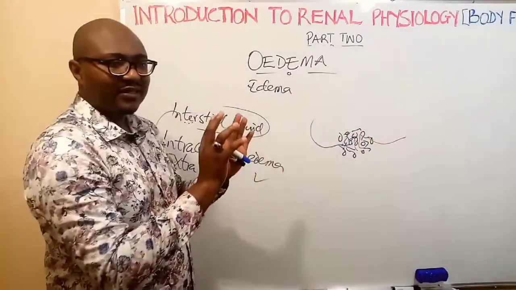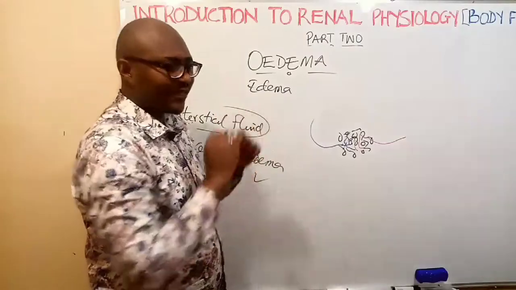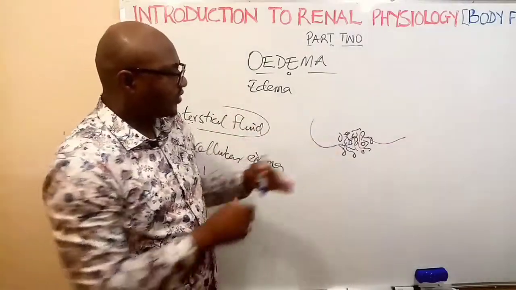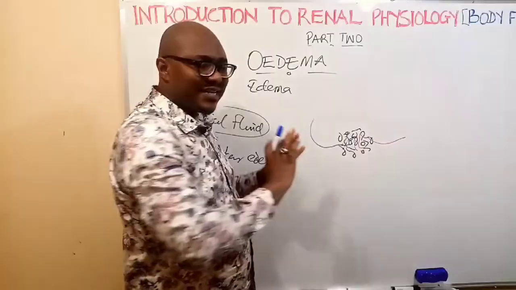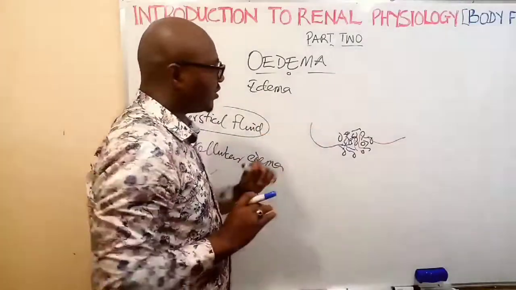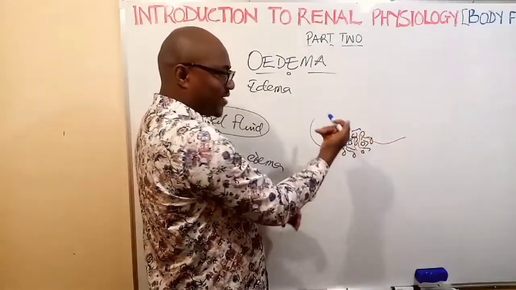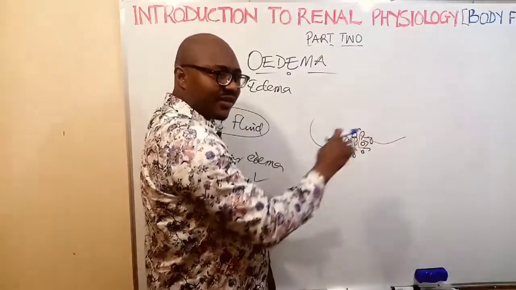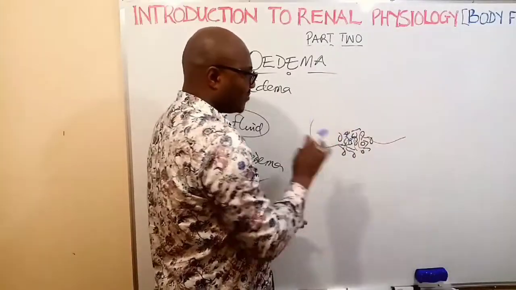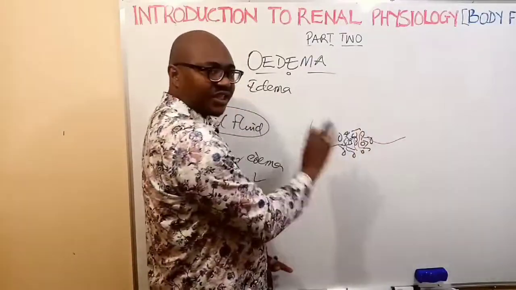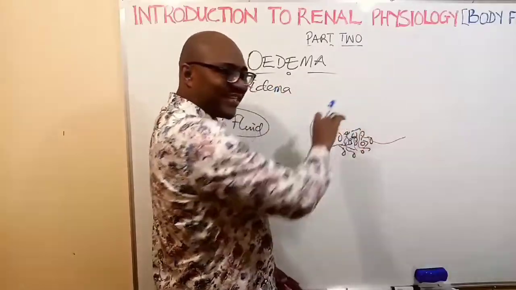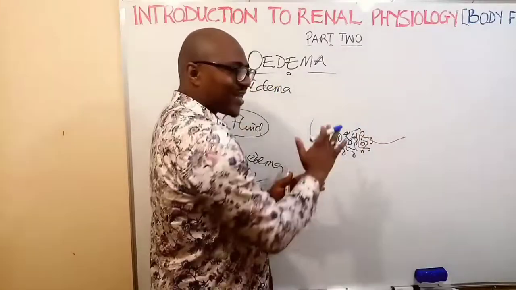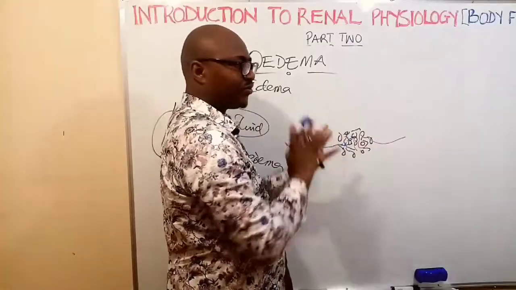So there are two major forces that are involved in, the capillaries, they are involved in exchange of fluid. So fluid comes from the capillaries, which is in the intravascular compartment, into the interstitial, and from interstitial into the cell. So that's how the exchange happens.